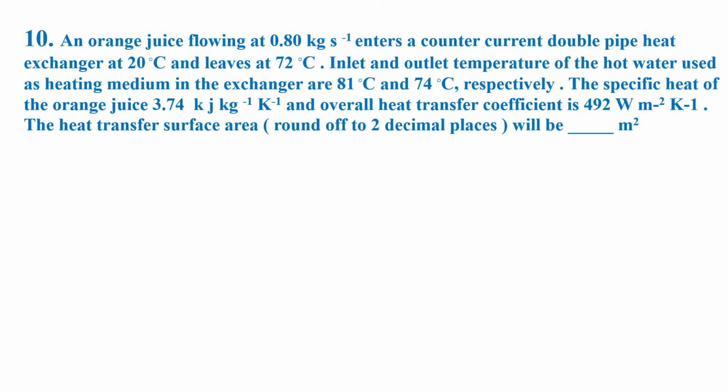So first we'll write what are all the things given. First of all, mass flow rate of the orange juice, that is mC, it is 0.8 kg per second. Inlet temperature of the orange juice, that is TCi, 20 degrees Celsius. Outlet temperature 72 degrees Celsius.